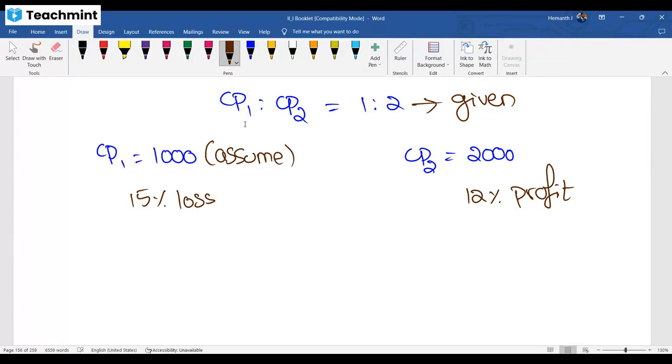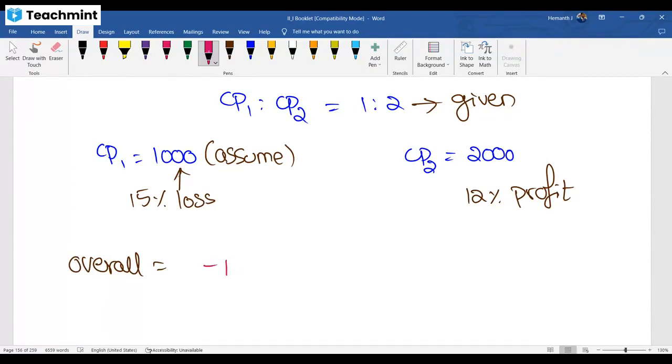Here, my dear friend, you can calculate SP1, SP2. I agree. Overall SP, overall CP, like that also you can do. But that's a waste of time. What I'm asking you is to directly attack the question. 15% loss is calculated on CP. CP is how much here? 1000.